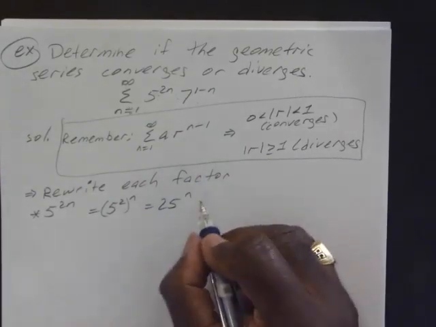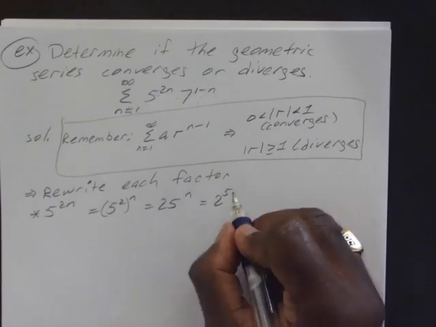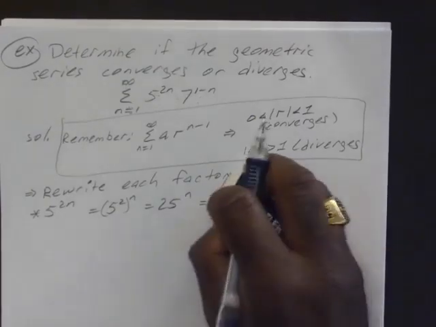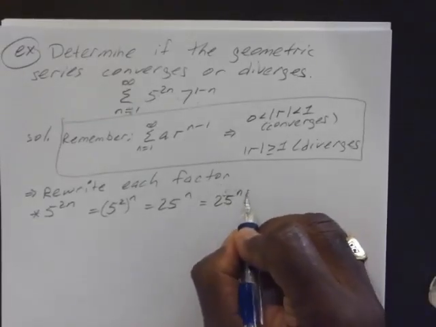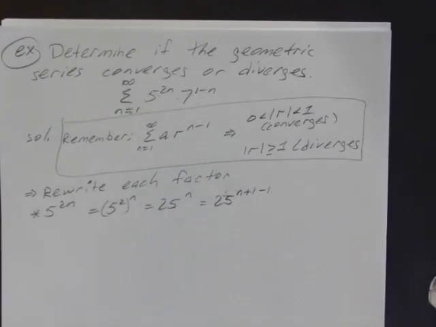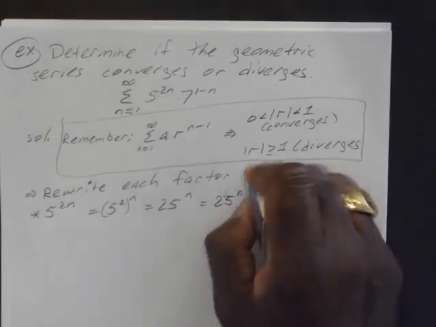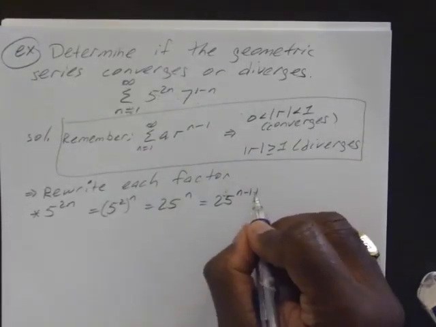So what if we rewrite that as 25 to the power of n plus 1 minus 1? Or we flip those around, make it minus 1 plus 1 to kind of save us a step. So we'll say minus 1 plus 1.